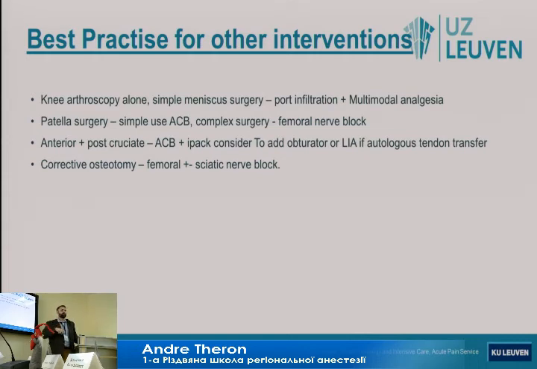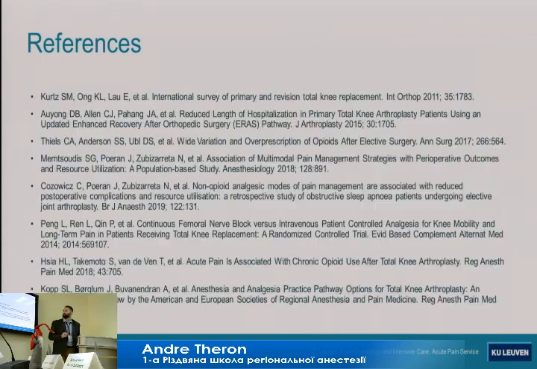If it's another graft, a synthetic graft or a cadaver graft, that's fine. You don't have to add the obturator nerve. Then corrective osteotomies for knees, we do a combination of both femoral and sciatic nerve blocks for these patients. Okay. If you have any questions?